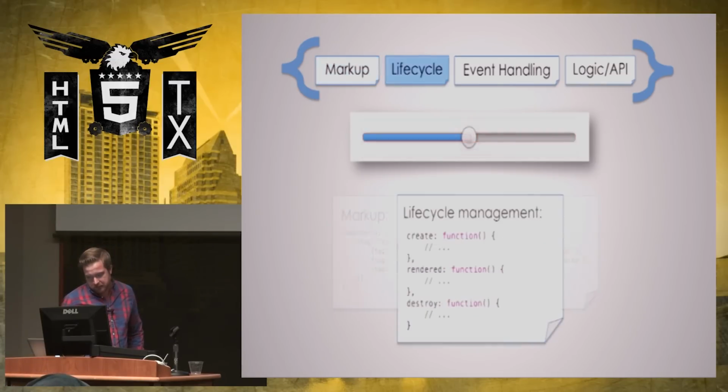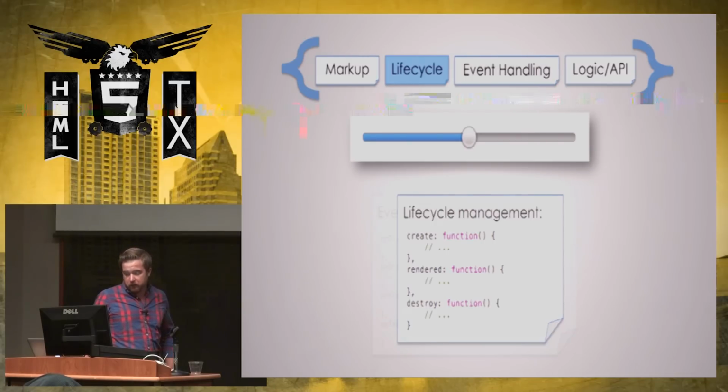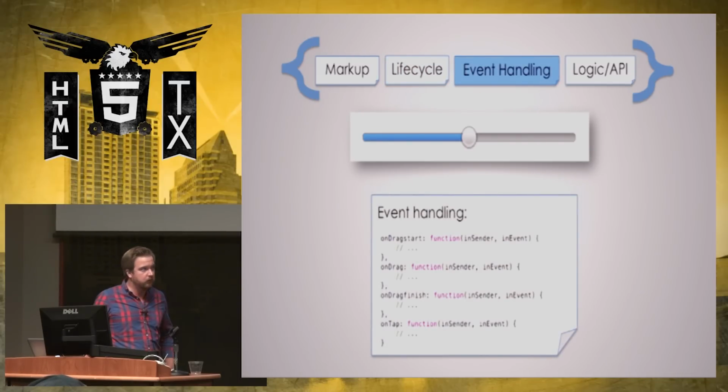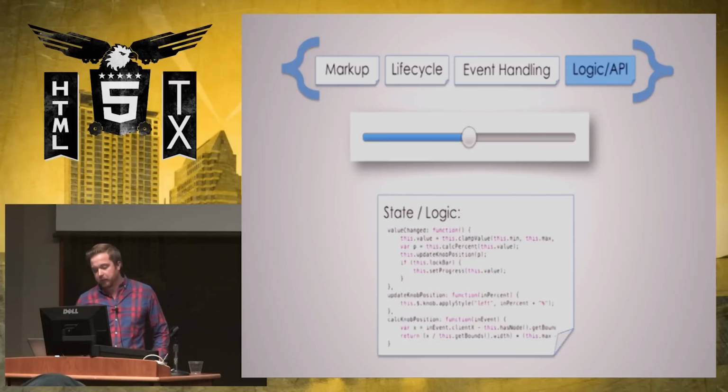You can override, overload, add to, or use the lifecycle management methods to deal with the creation, execution, and destruction of that object as it's in the application. And then we've got all our event handlers and any kind of API logic and how it interacts or can be interacted with by other objects.